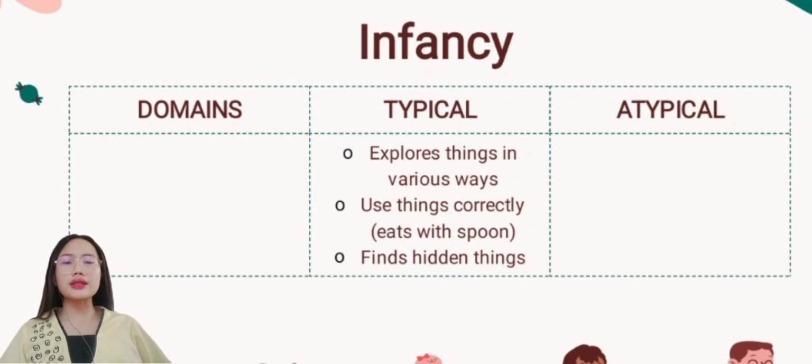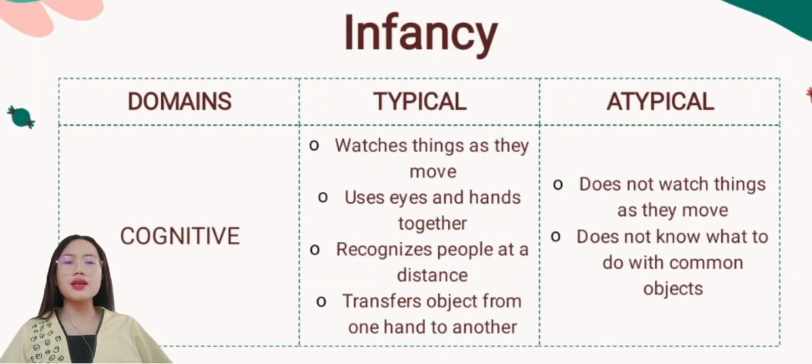They use things correctly, like eating with a spoon. They know how to eat using a spoon at this stage, and they find hidden things. In atypical, they do not watch things as they move and do not know what to do with common objects.